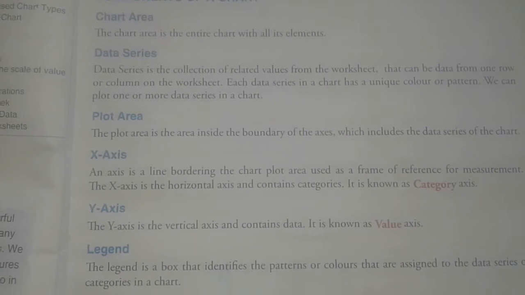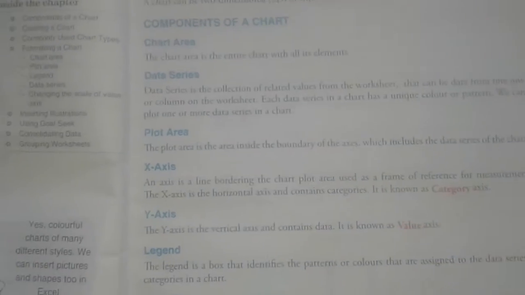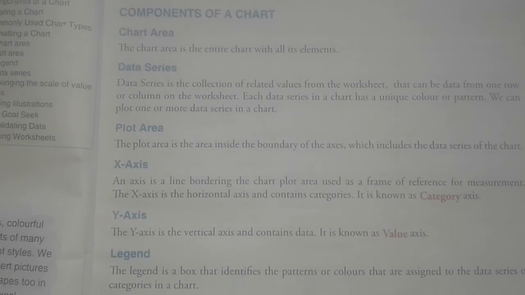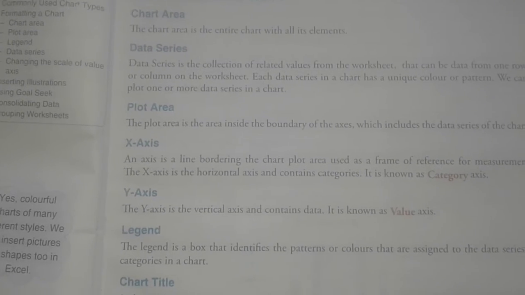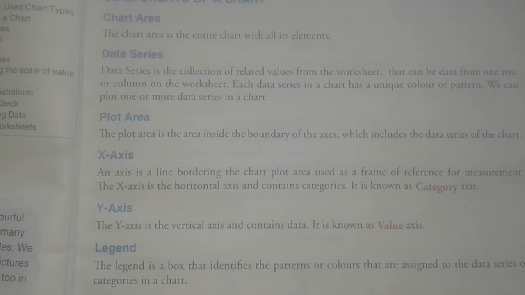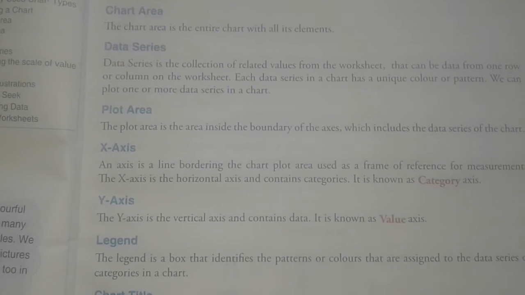Once again, I am going to repeat this: data series. A data series is a collection of related values from the worksheet, whatever data is stored in a worksheet, which can be data from one row or column.